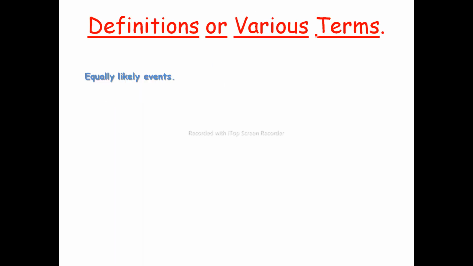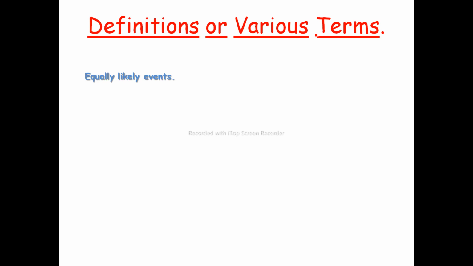Next term is equally likely events. Suppose you're sitting for an exam, and in your classroom we have got 50 students. All the 50 students have got equal opportunity of getting 100 out of 100 marks, or equal opportunity of getting first rank. So that is something you can understand like an equally likely event.